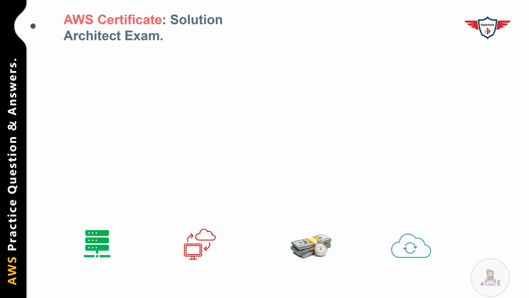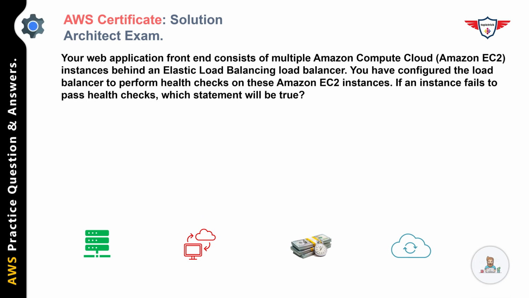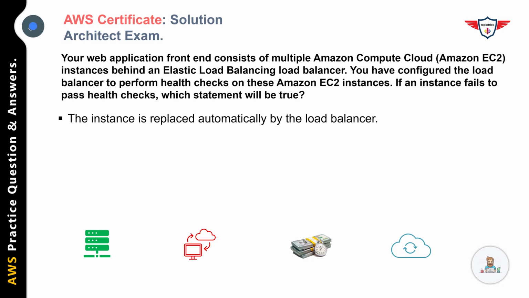Your web application frontend consists of multiple Amazon EC2 instances, and all these instances are behind an elastic load balancer. You have configured the load balancer to perform health checks on these Amazon EC2 instances. If an instance fails to pass the health check, which statement will be true? The instance is replaced automatically by the load balancer.